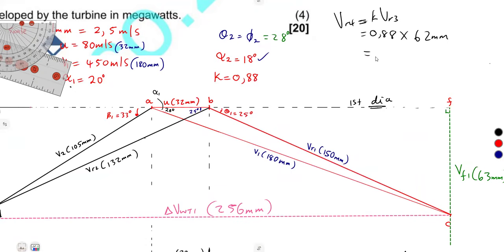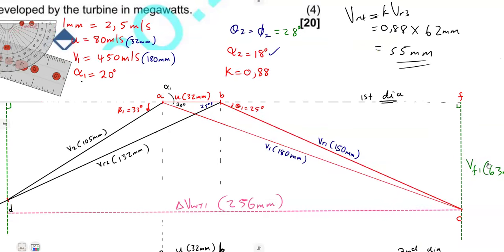So that was going to give us VR4 approximately 55. Let us just say 55 millimeters, all right? So that's our VR4.